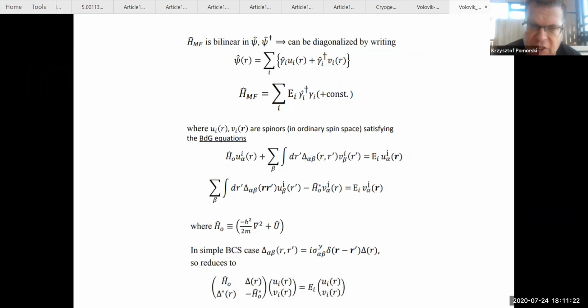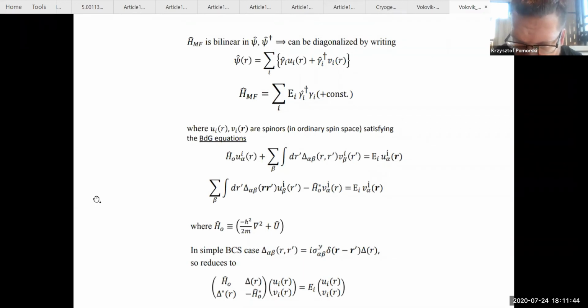In the Bogoliubov-de Gennes equations, you have the Hamiltonian of a free particle acting on an electron wave function. There's the superconducting order parameter acting on the hole wave function. So this is a set of two coupled equations of such form.